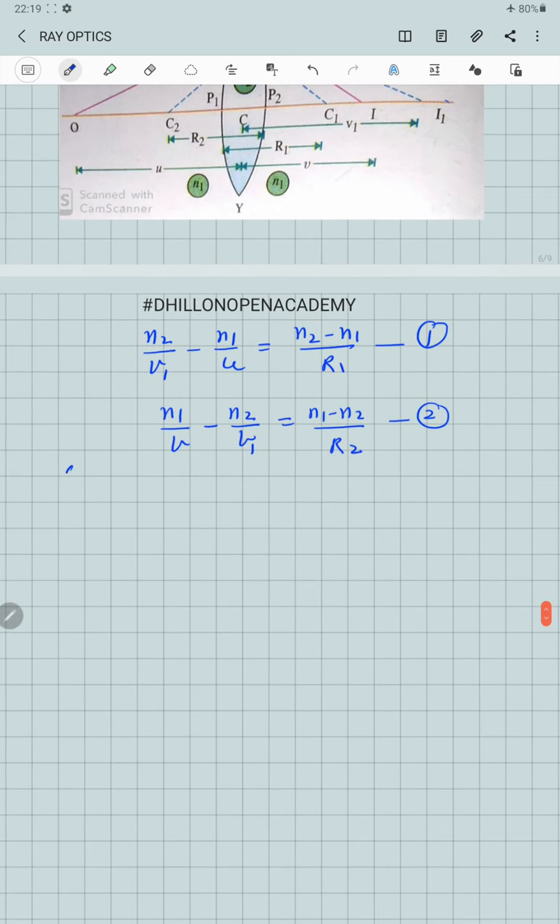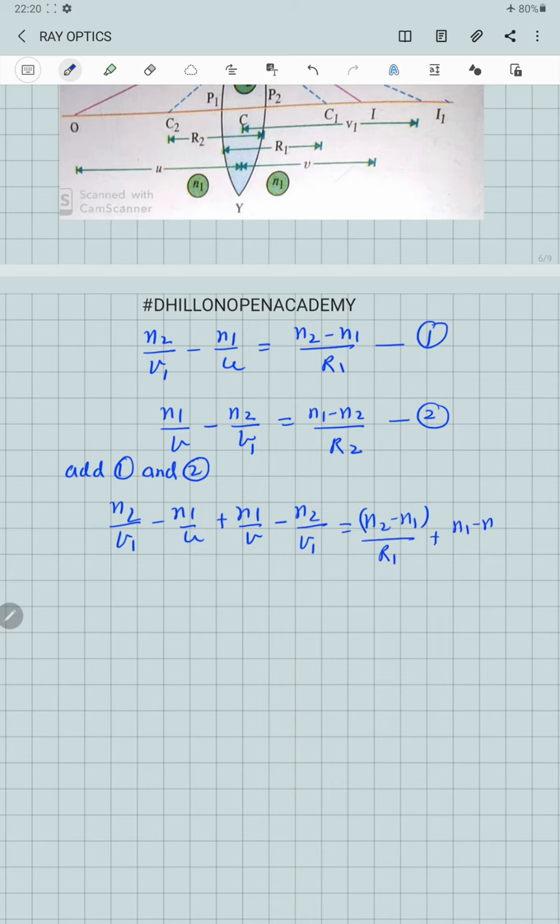Now if we add these two equations, in this case we will have n2 over v1 minus n1 over u plus n1 over v minus n2 over v1 equal to n2 minus n1 over r1 plus n1 minus n2 over r2.